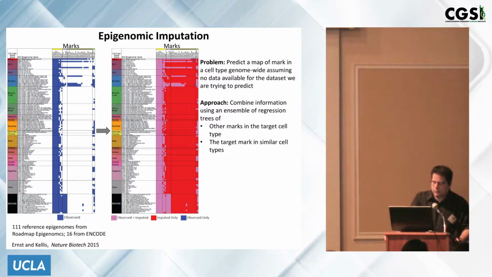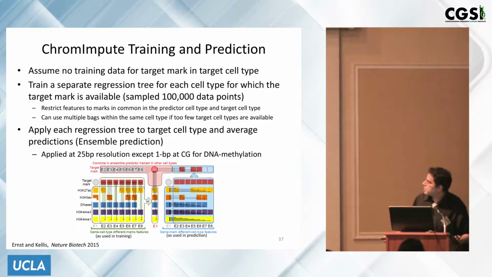It turns out that there are a number of benefits to the imputed data, even when you have the observed data available. One is you can compare against the observed data, and that can be useful for quality control. But there's also a statistical robustness that you gain when you combine information from lots of closely related experiments, as opposed to relying on the data from one or a very small number of replicate experiments. So there's effectively a denoising process going on.